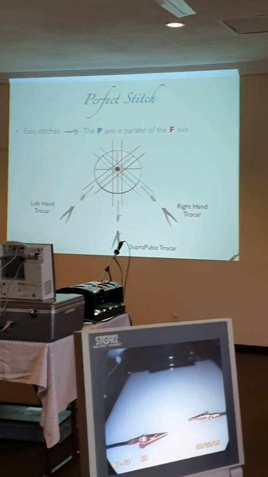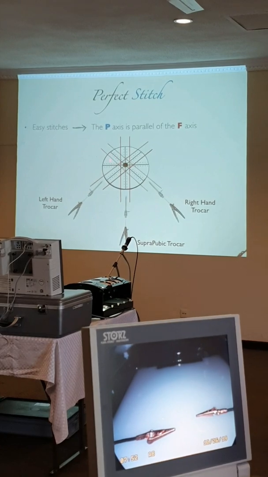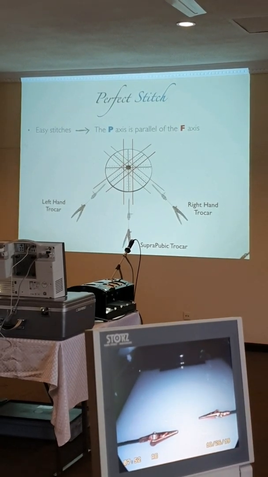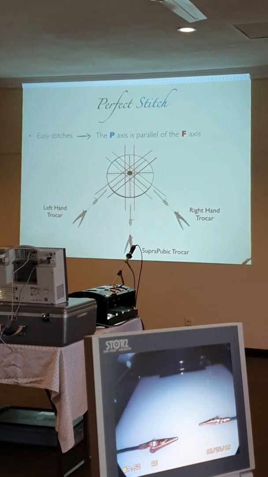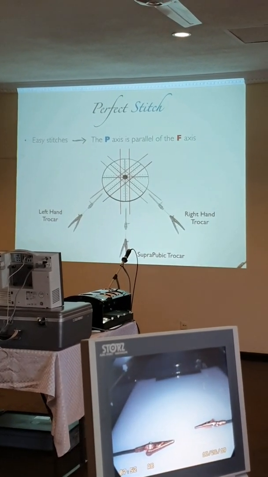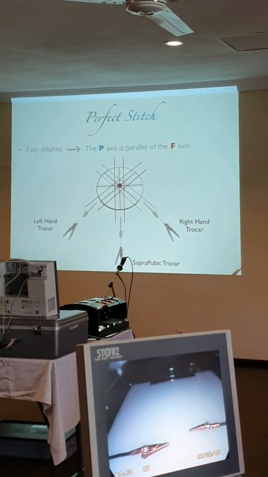Or when you use the right hand trocar, you stay in this line. It's more comfortable to you. Or you use the suprapubic trocar in this line to make a suturing after the myomectomy, posterior myomectomy, for example.